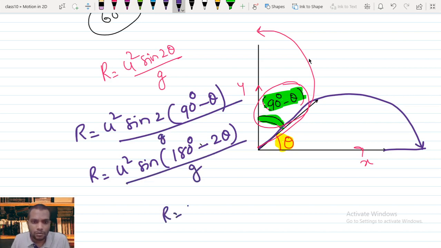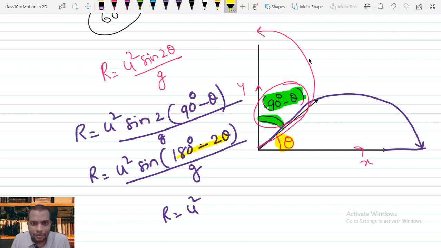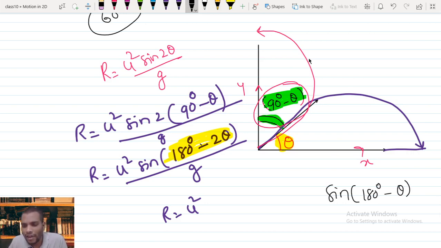So R equal to U square, and here we can use one of the trigonometric formulas. We have one of the trig relations, sine of 180 degree minus theta becomes sine theta.